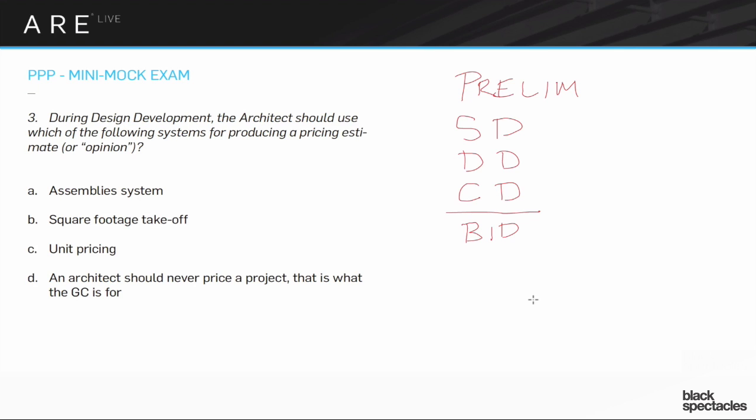You not only have created the CD set, but you also generally will create the bid set, which includes alternates and the way that you get the information back from GCs, who are all the bidders. It's not a huge amount of work, but there's quite a bit of work there for the architect, so that takes some time. And then a bidder is chosen, and now you're in CA, construction administration.